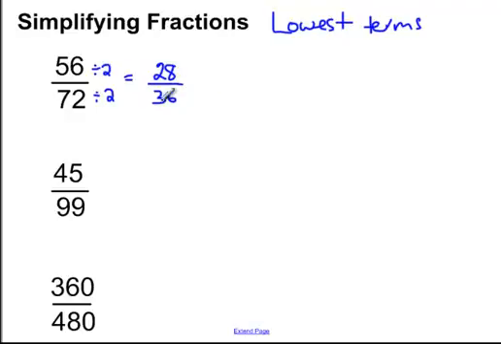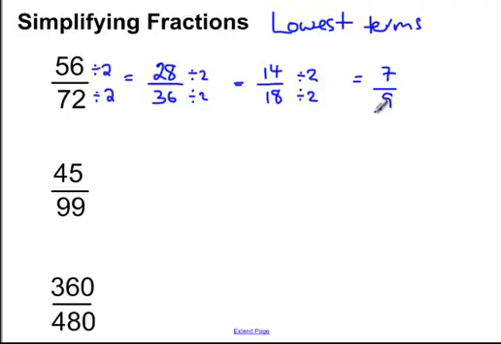Yeah, they're both even, so I can divide by 2 again. 28 divided by 2 is 14, and 36 divided by 2 is 18. Now let's check again. Is there something that can go into both 14 and 18? Well, yes, 2 can go in again, so I can divide them both by 2 to get 7 over 9.